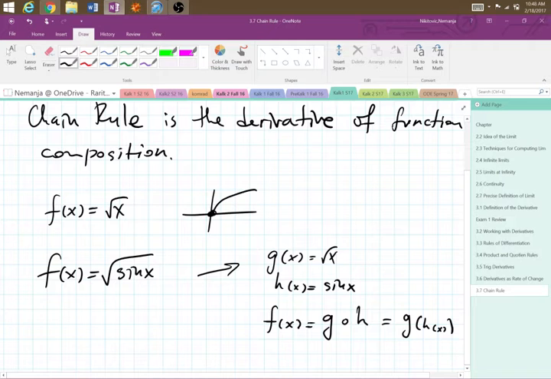This circle notation is not a multiplication, it's a circle, but it's an operation. So that's not "goch", okay? It is g composed with h. That circle is not an O.